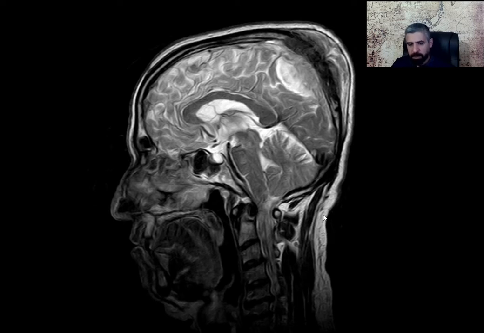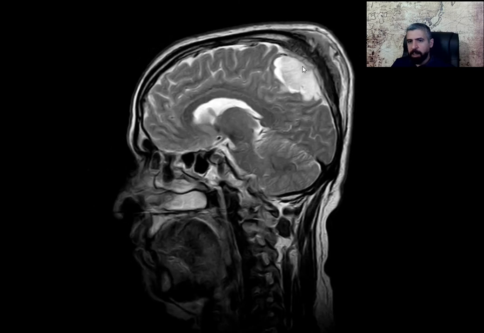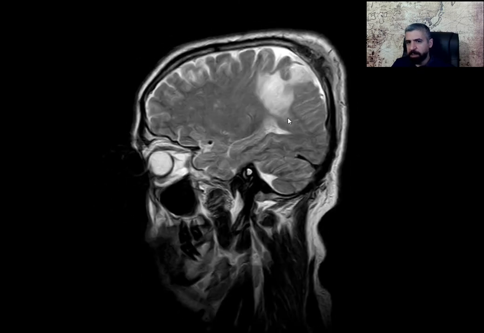It shows us the lesion here. It is based on the bone, causing mass effect on the adjacent brain, and bulging on the outside of the skull, penetrating the bone.